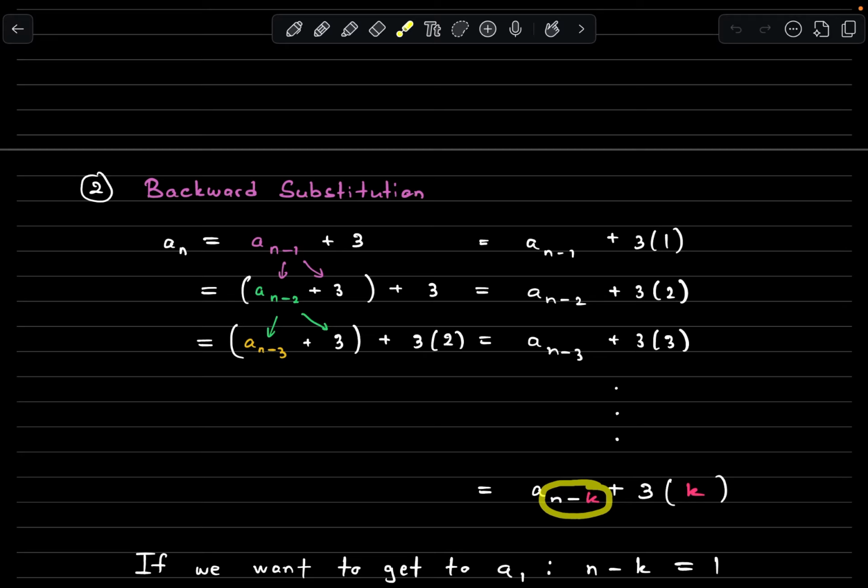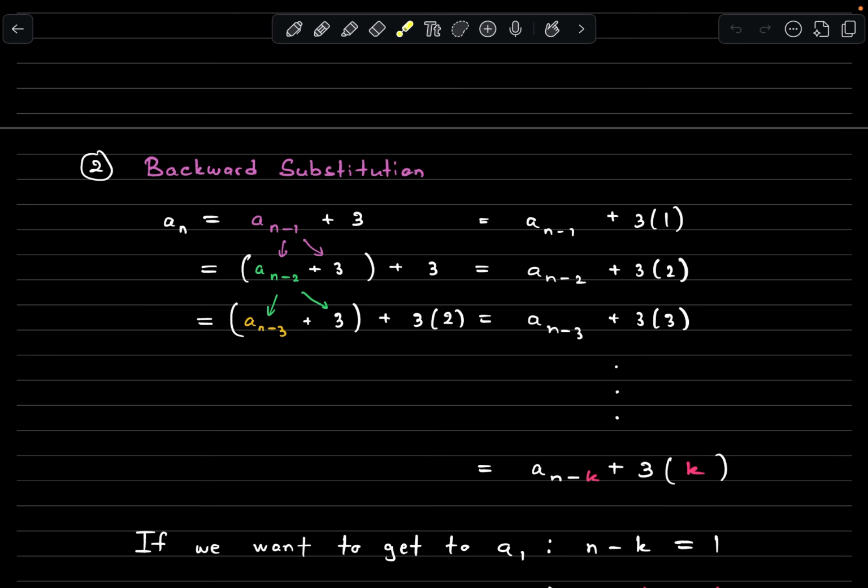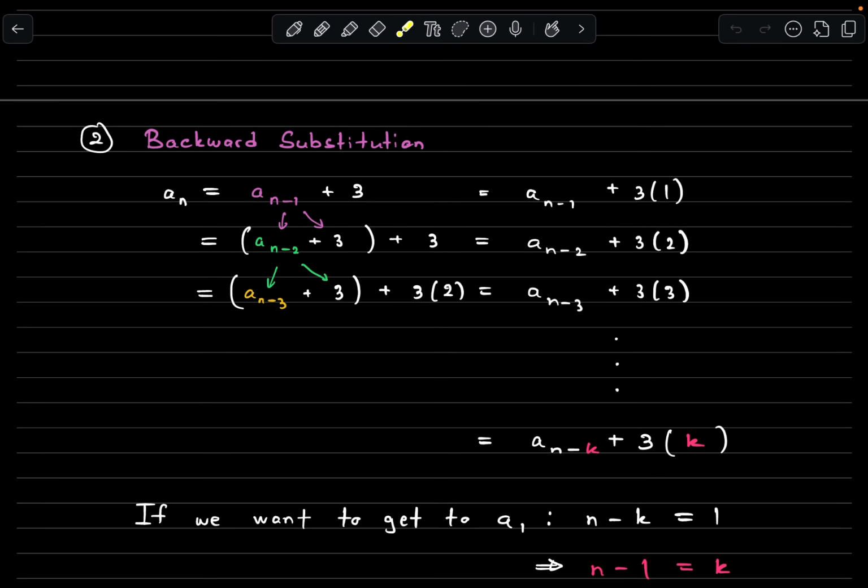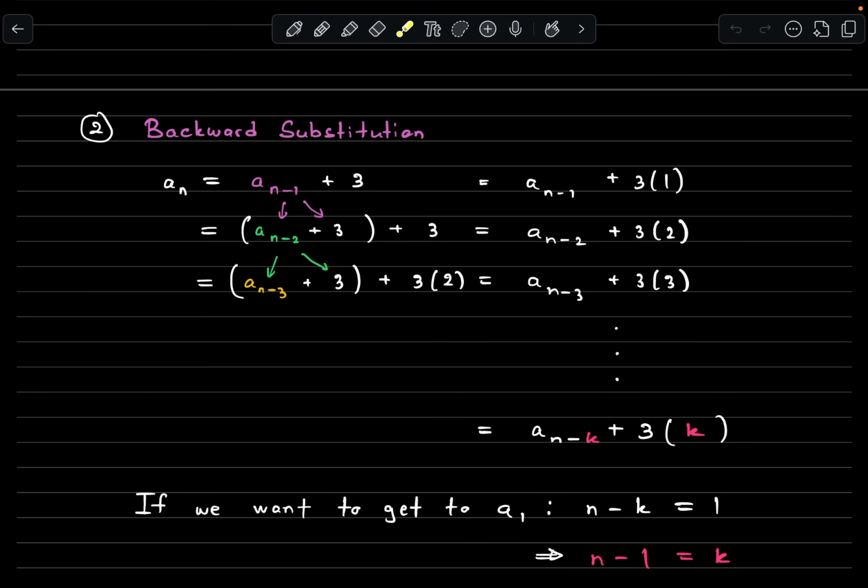Then that n minus k needs to be equal to 1. The index here needs to be equal to the index here. They have to be the same thing. You can do a little bit of arithmetic. That just means that k is n minus 1. I have to go back n minus 1 times to get back to my base case, my initial case.